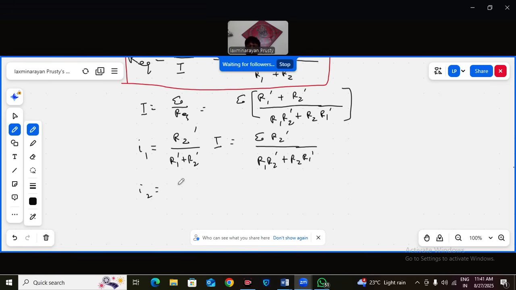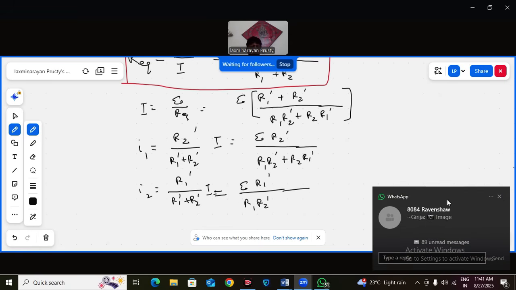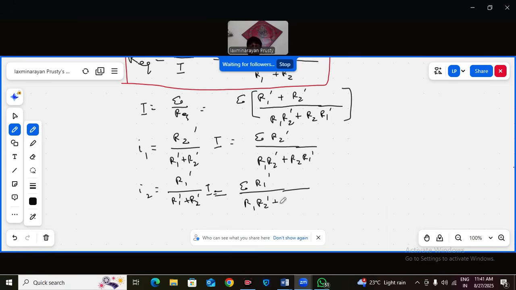I2 similarly is R1 dash by R1 dash plus R2 dash into capital I, equal to E, R1 dash by R1 R2 dash plus R2 R1 dash.